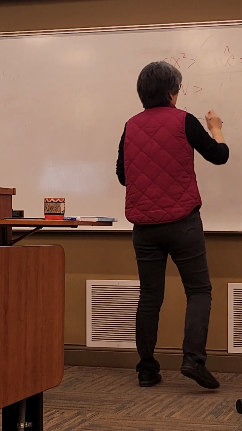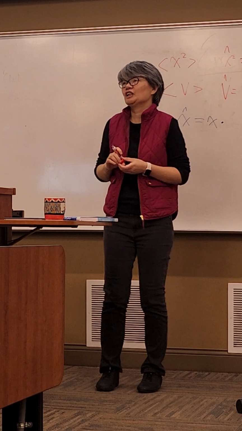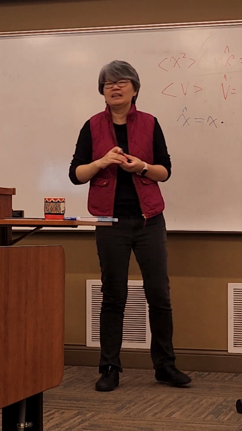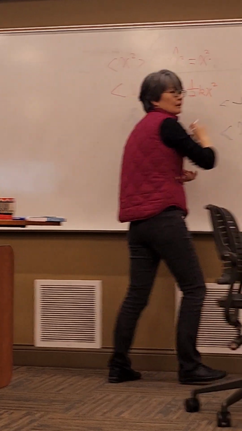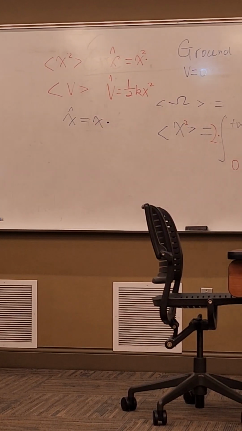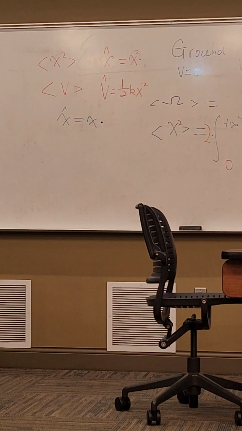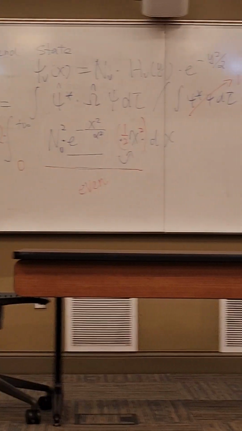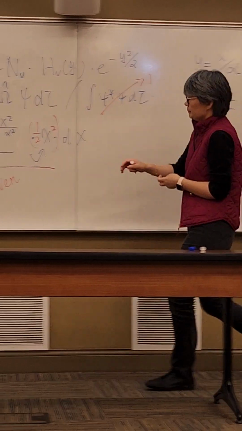I need to come up with a potential energy operator that equals 1/2 k x squared. Then I need to plug in the operator with 1/2 k x squared here. Are you guys following me okay?